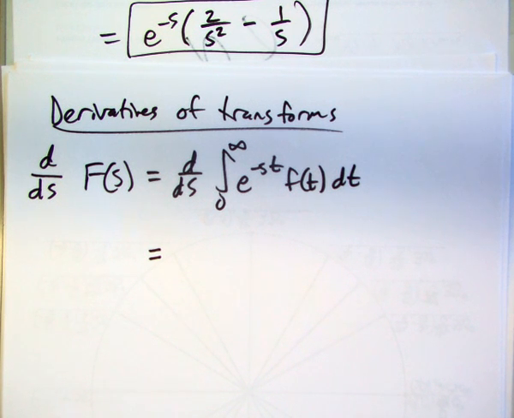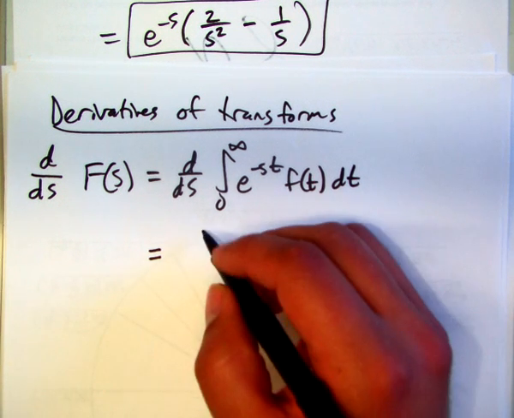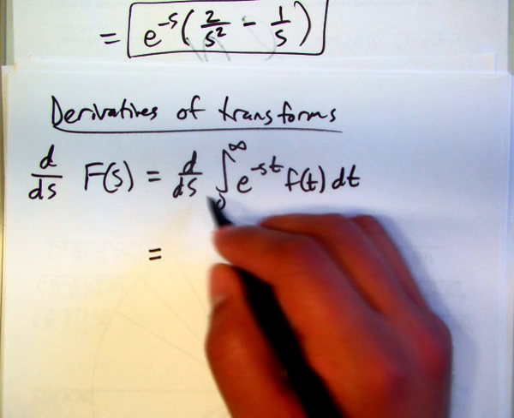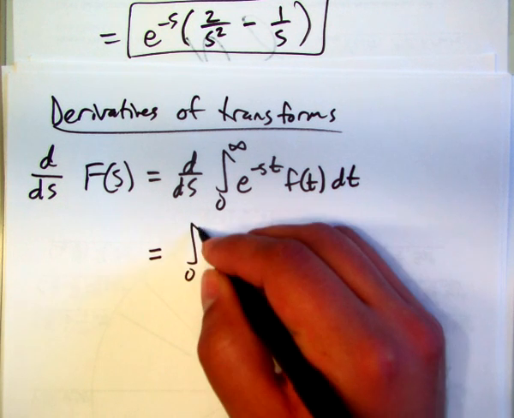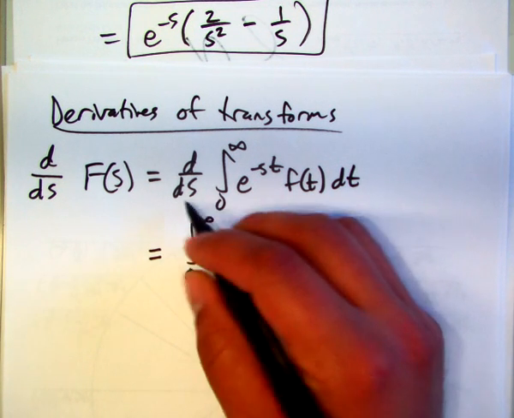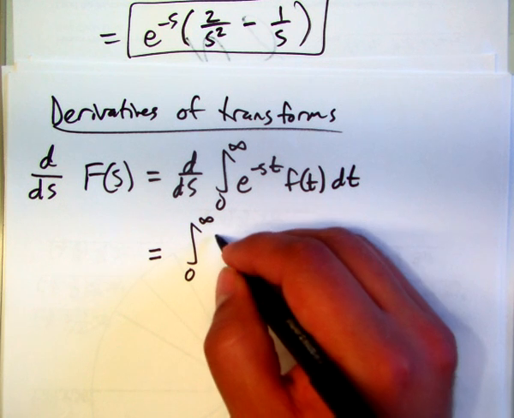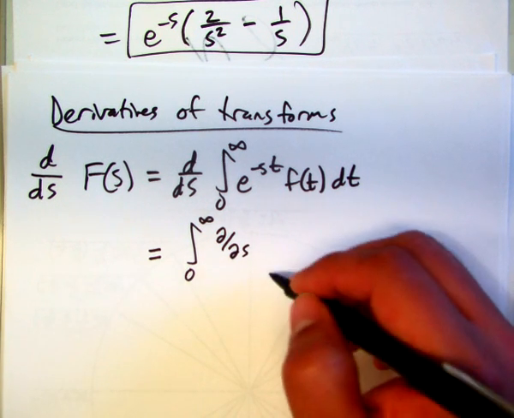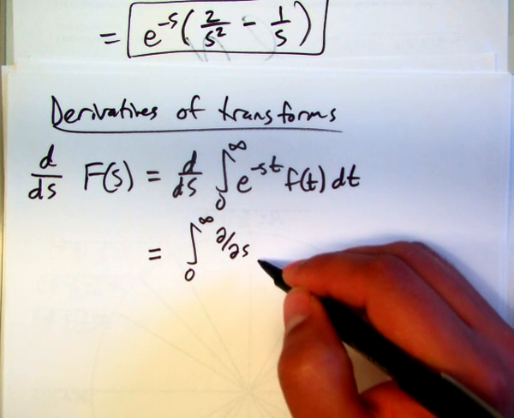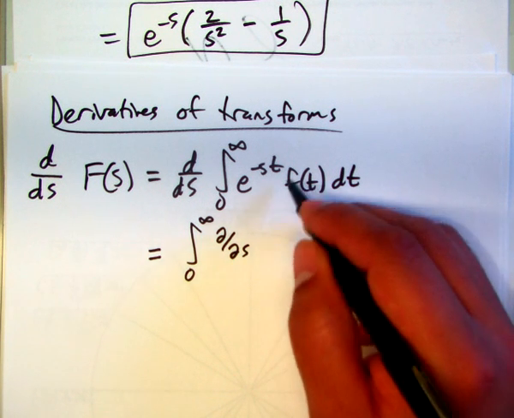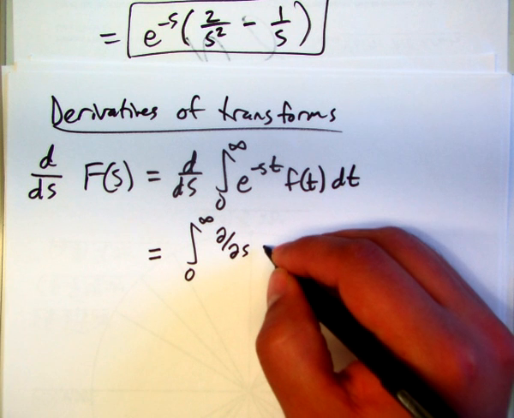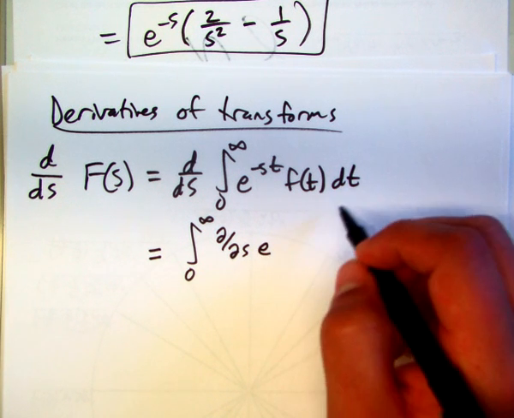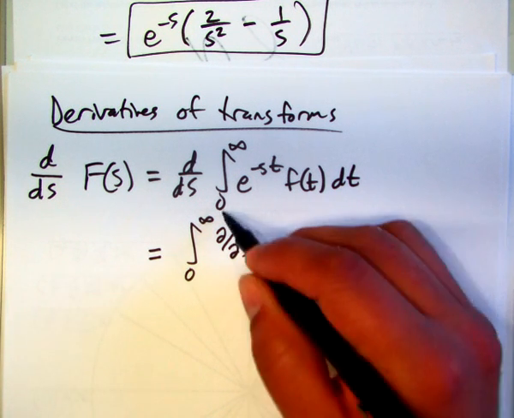Now the derivative and integral order here is really interchangeable, so we're going to go ahead and take the derivative, put it in the integral, but since there's a multivariable function in here, we're going to rewrite it as partial s, since we have a function of t and s in here. The reason we can do that is because since we're integrating with respect to t, it really wouldn't make a difference.